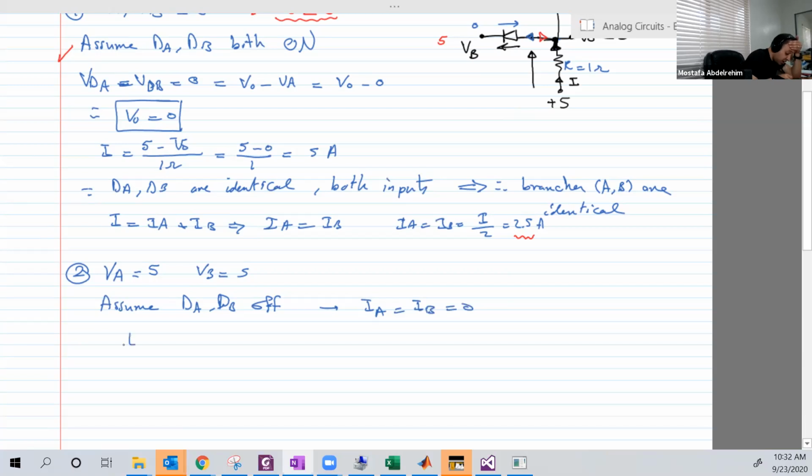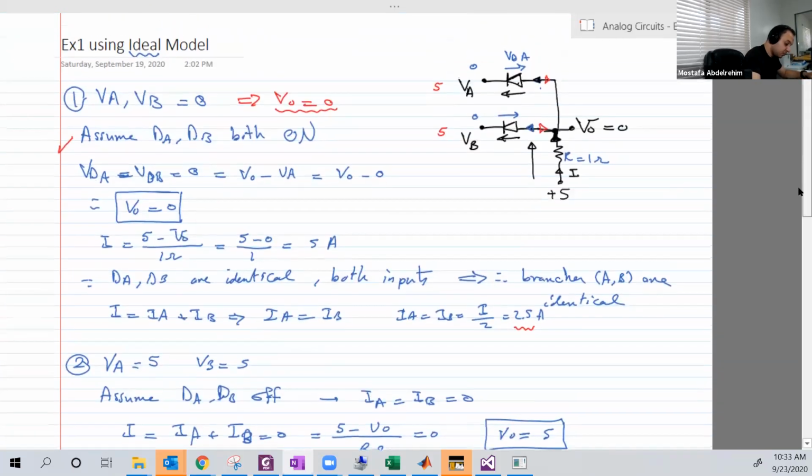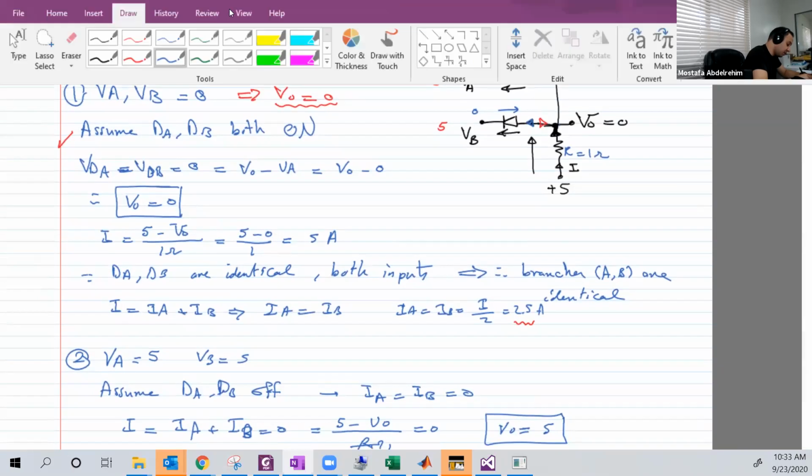So I as well is 0, because it's equal to IB plus IA. But I is equal to (5 minus VO) over R. This is equal to 0, R is 1, so VO is equal to 5 volts.